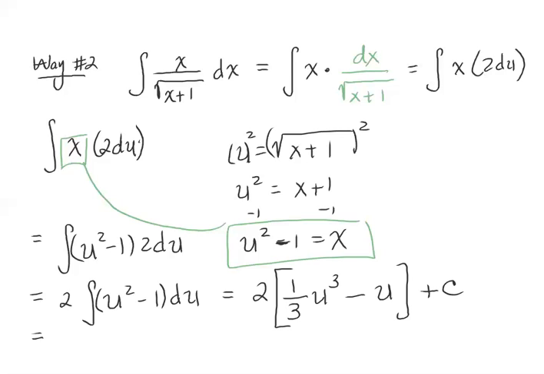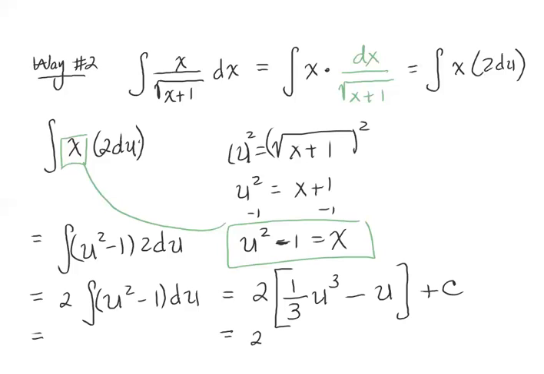Now that I've applied my rules of anti-differentiation, I no longer need the u. The point of that u was to allow me to rearrange the function in such a way that I know how to integrate. Now that I've done that, I can resubstitute using what I called u.